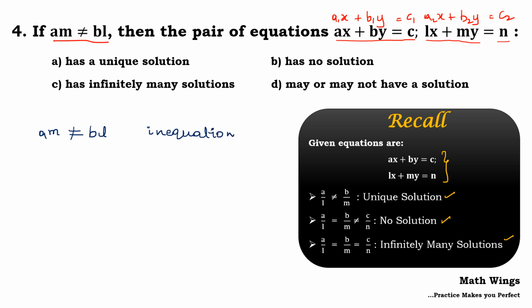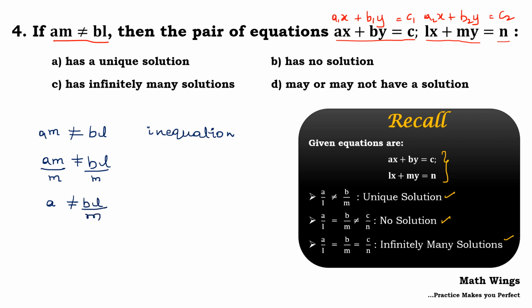AM is not equal to BL. We can't move terms from left to right or right to left. To eliminate M from here, I am dividing by M on both sides. It becomes A is not equal to BL by M.